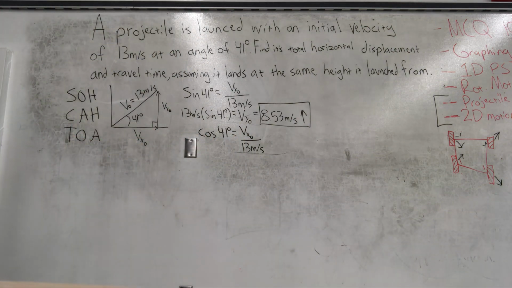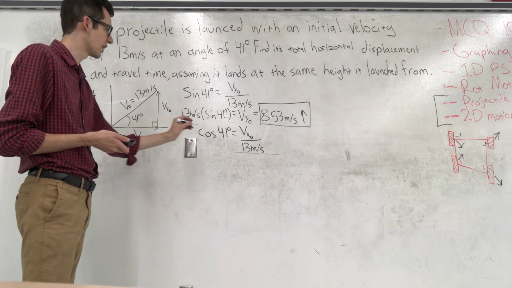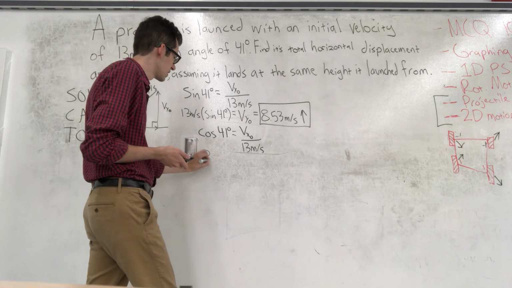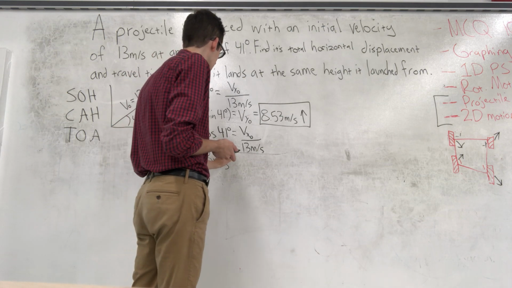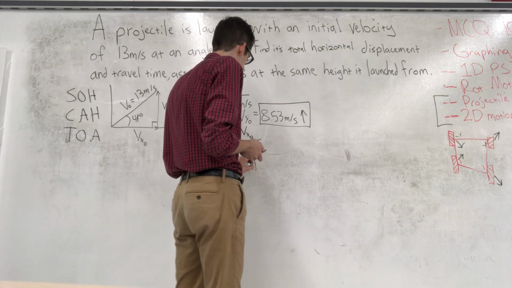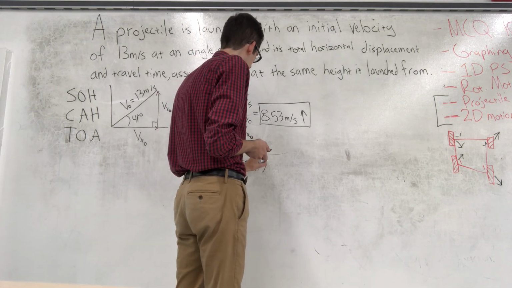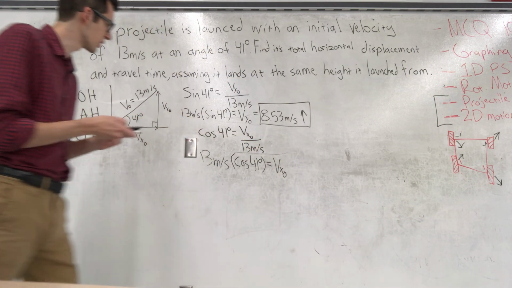Again, we multiply: 13 meters per second times the cosine of 41 degrees is equal to Vx0.